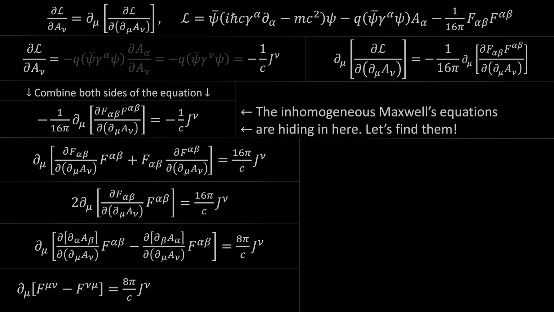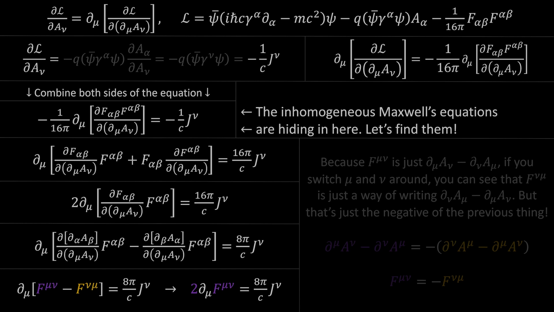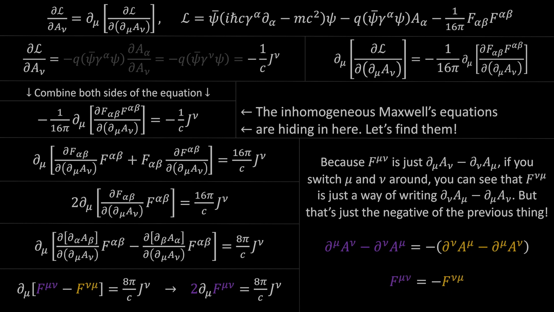And so finally, we're back down to an equation with only 2 of these indices, so we don't have to worry about all the crazy combinatorial explosion that we had to deal with earlier. Now the equation actually simplifies quite a bit. And we can go ahead and simplify this further, because remember that the Faraday tensor is defined as just the partial derivative of this component of A with respect to that component of spacetime, minus the partial derivative of that component of A with respect to this component of spacetime.